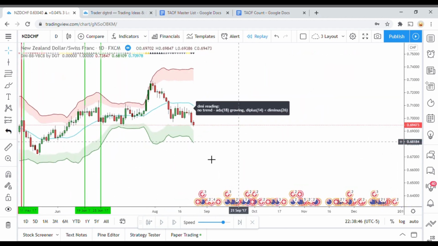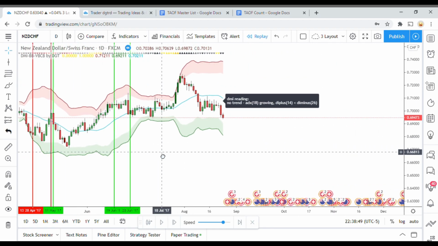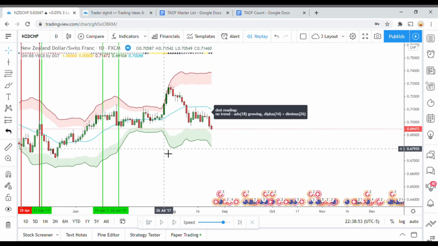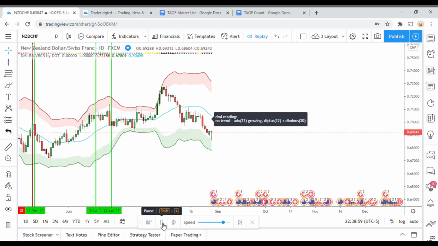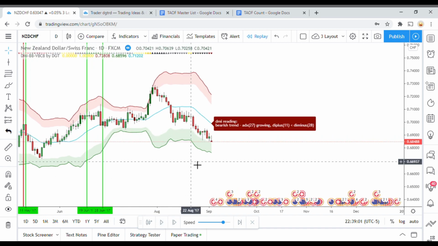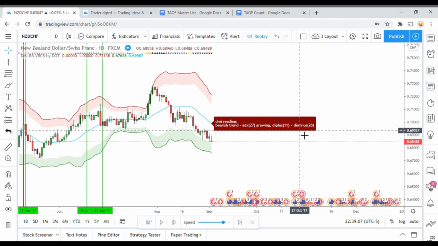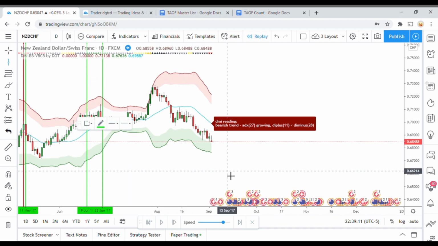And again, this indicator just seems a little bit more unique than any other indicator that I've seen, especially with this box right here giving us direction on what's happening in the market. It's telling us what kind of trend is currently taking place, giving us other calculations as well.